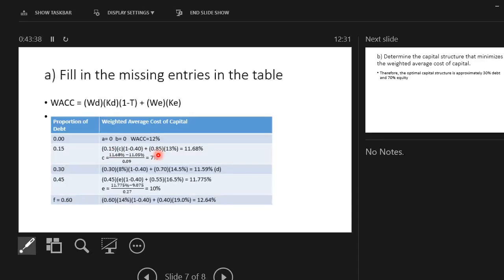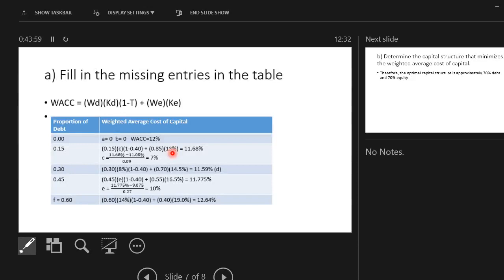So 0.85, you always need to write it in bracket. The other one is in bracket, the other one is percentage. So 0.85 multiplied by 13%, we are told that the cost of equity is 13%.